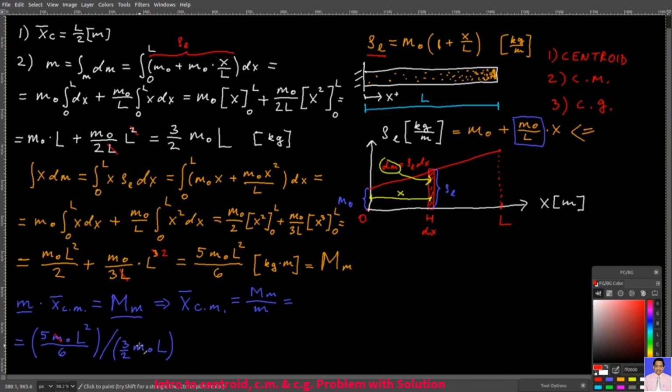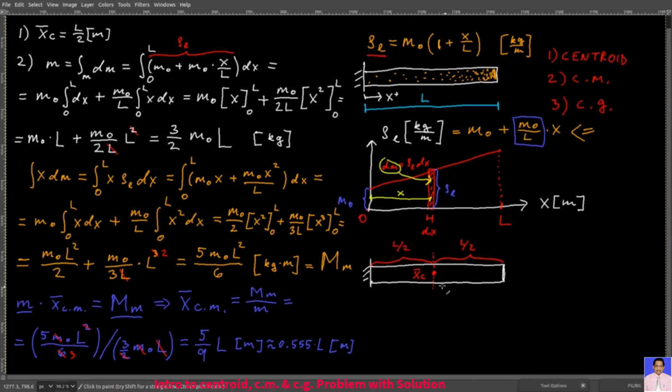You can cancel out a bunch of stuff. Also this 2, and then this 6 becomes 3. And so in the end, you will have 5 over 9 times L, and that will be in meters, or approximately 0.555 times L meters. And there you go. This is your center of mass.